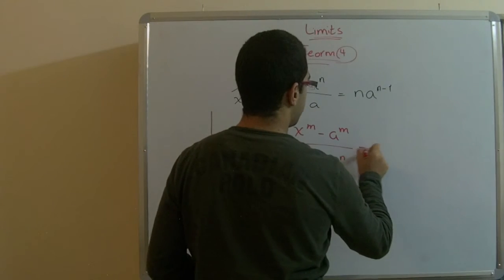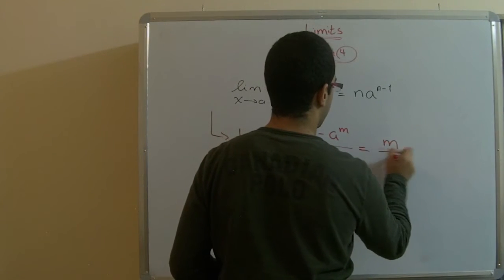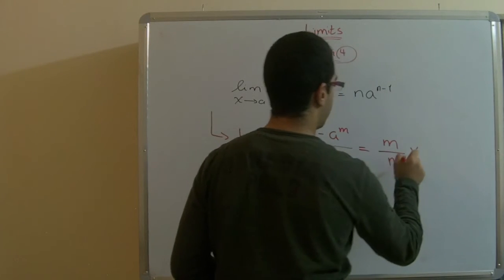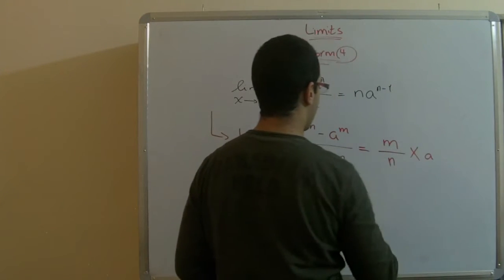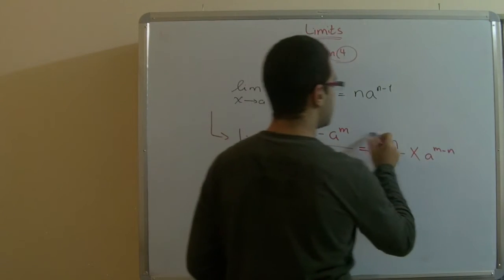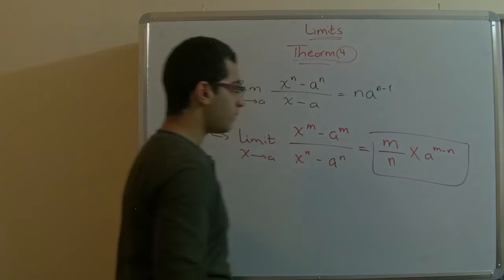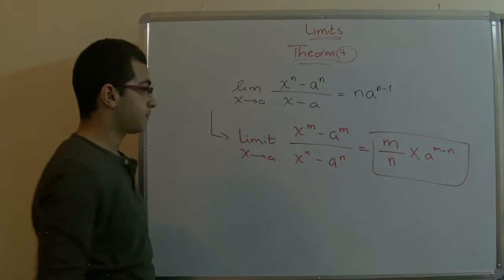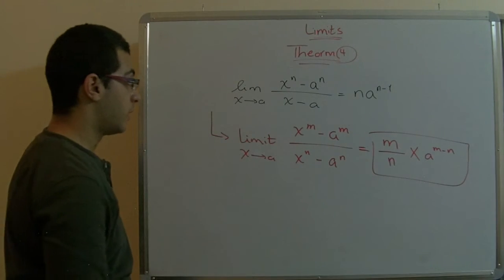Then the result will be m over n multiplied by a to the power m minus n, and this is the main law of that one, and we will prove it now.